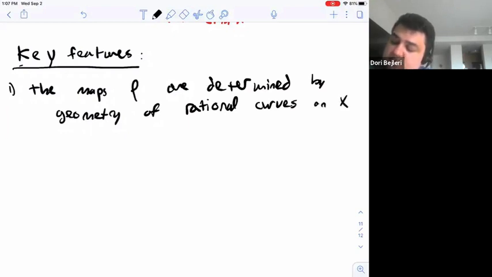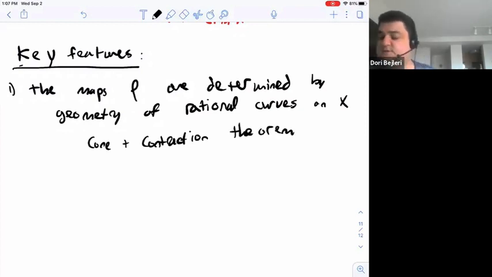And this we'll see in the cone and contraction theorem due to Mori, where he uses rational curves to construct these basic building blocks rho for these birational maps. These will be the analogs of blowing up a point on a surface.